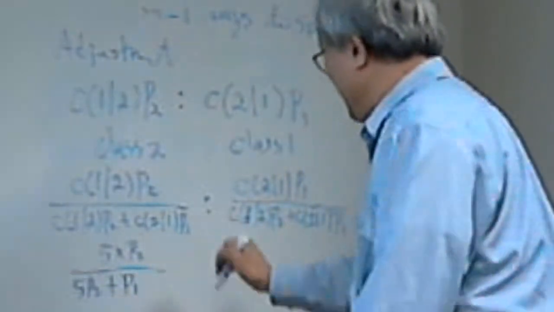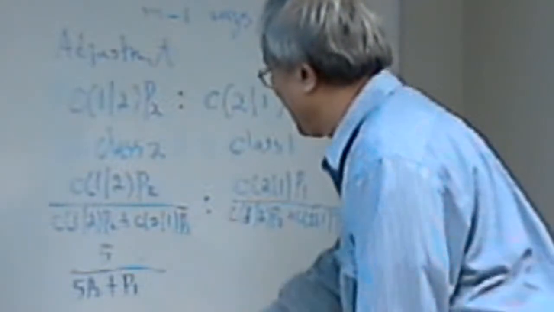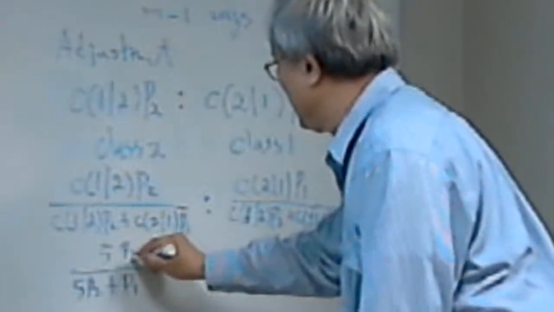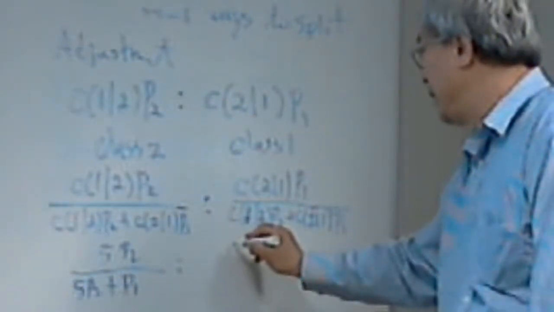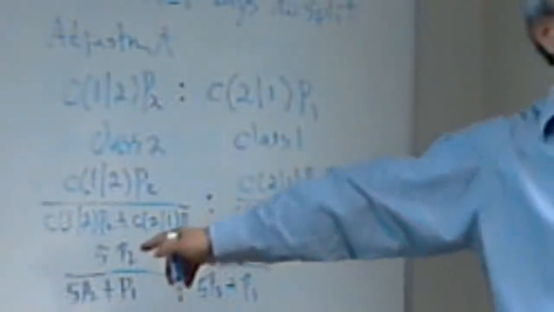Just write 5P2 here. So it is in this proportion, and then here you have P1 over 5P2 plus P1. So actually you readjust your prior according to this. Make sense or not?